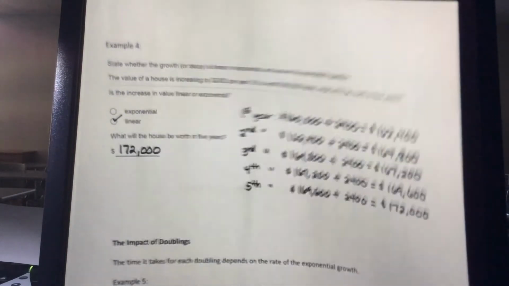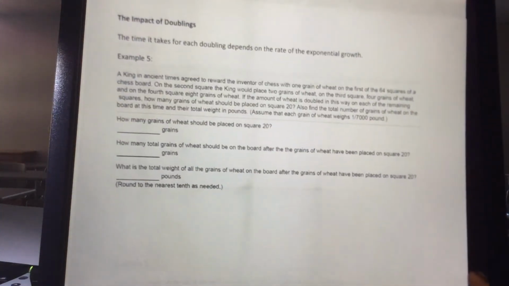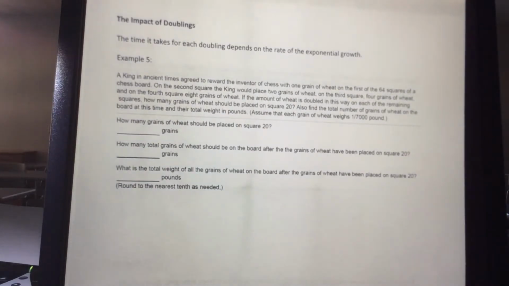Now let's talk about the impact of doubling. The time it takes for each doubling depends upon the rate of the exponential growth. So in example 5, a king in ancient times agreed to reward the inventor of chess with 1 grain of wheat on the first of the 64 squares of a chessboard. On the second square, the king will place 2 grains of wheat.